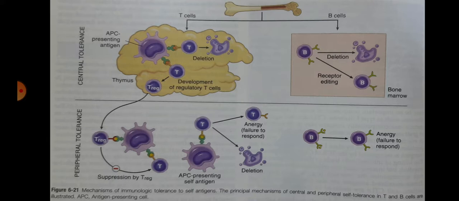Both interleukin 2 and FOXP3 are required for the development and maintenance of functional CD4 plus regulatory T cells. Mutations in FOXP3 result in severe autoimmunity in humans and mice.